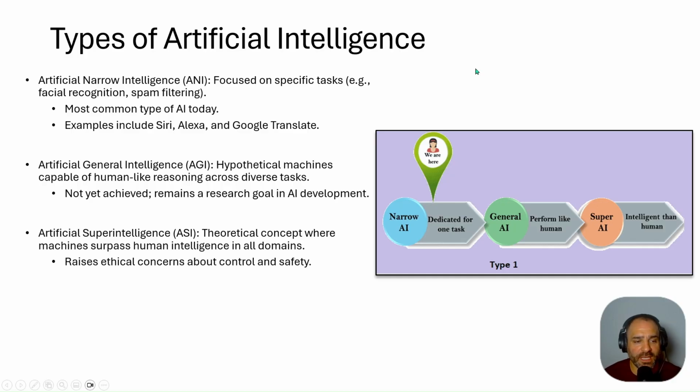AGI is another term. It's artificial general intelligence. This is a hypothetical machine capability that acts like a human for reasoning in different tasks. So the AGI is what we're currently using today. And this is a very important topic because this is the balance between humans and artificial intelligence, and when are they equal?